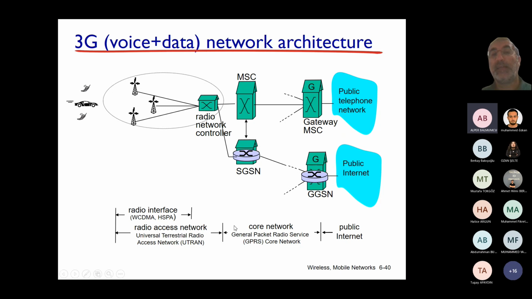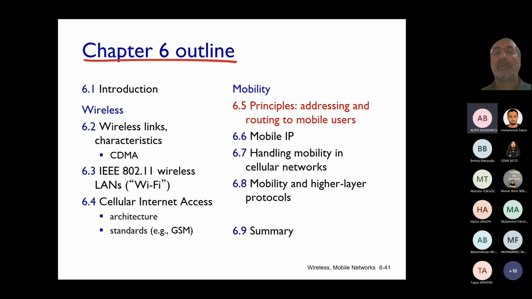And from this RNC up to here is called the core network. In this case, we use the GPRS, General Packet Radio Service core network, and after that is the public wired network. Okay, that was about the main principles of cellular networks, including 2G and 3G.